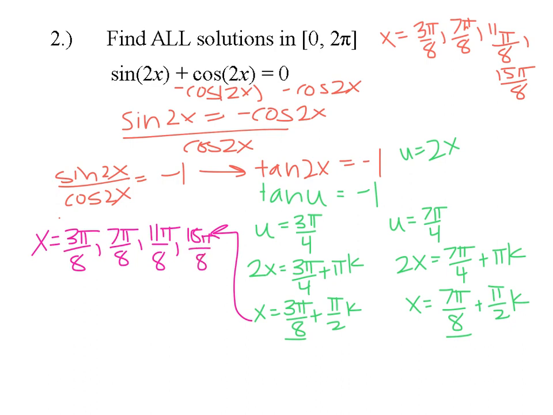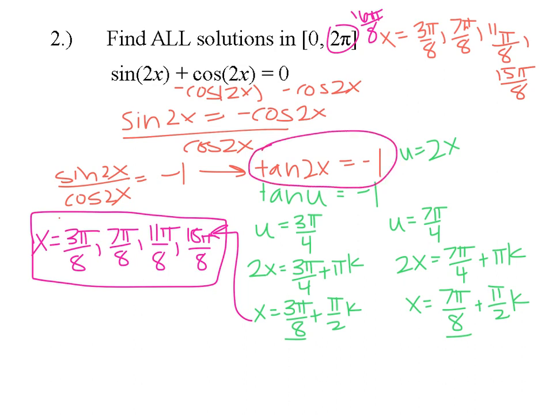And we can stop there because in this case 2 pi, if we think of common denominators, is 16 pi over 8. So that's why these 4 solutions have to all be included. And remember, that's just where we have a tangent problem where your frequency is changed.